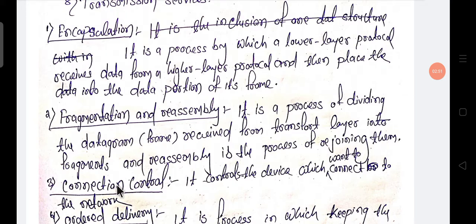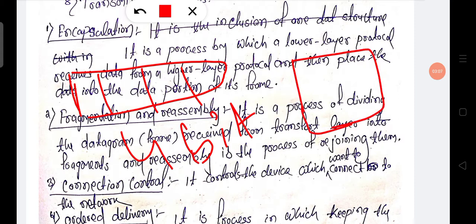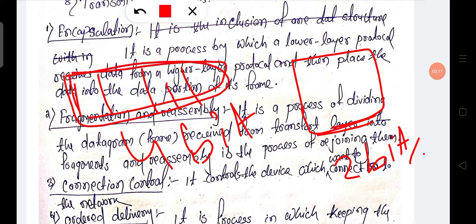Let's say we received one frame of 4 bits, but the processing capability of the receiver is 2 bits at a time. So that 4 bits is divided into fragments of 2 bits.